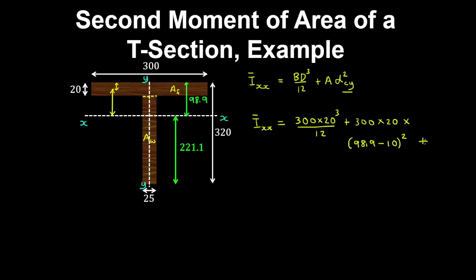And now we add the contribution of the web. So that'll be 25 by the perpendicular dimension cubed. So that'll be 320 minus 20, which is 300, on 12. And then plus the area of the web, multiplied by the distance of the centroid of the web to the centroid of the section.